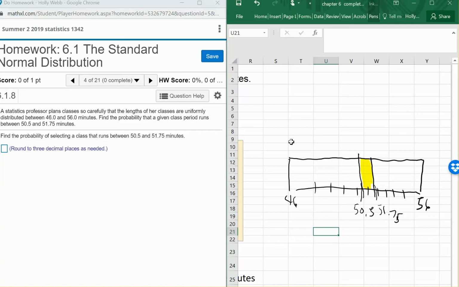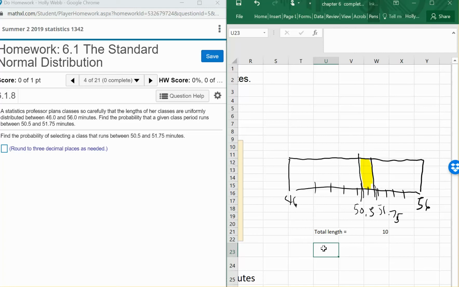So the total length is 10 here. 56 minus 46. So the total length is 10.